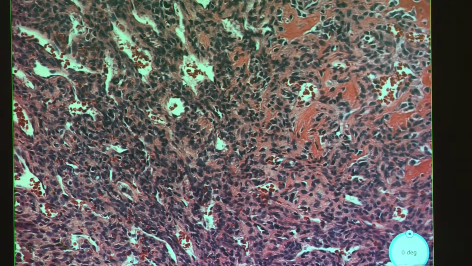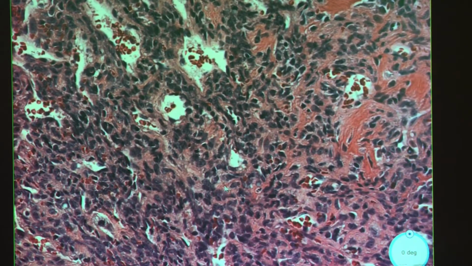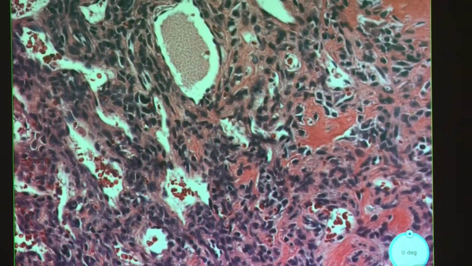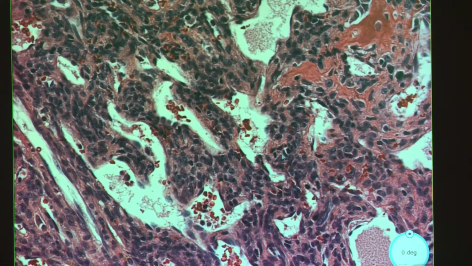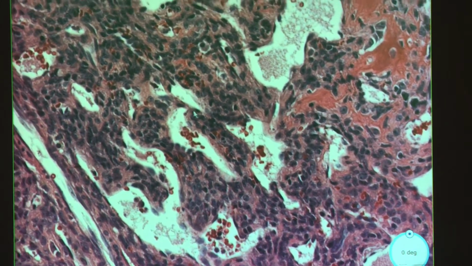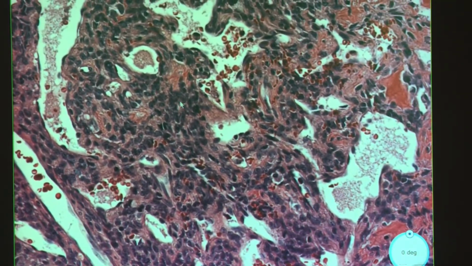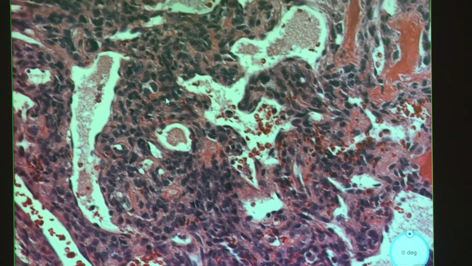Well, we have a lot of vascular spaces, it looks like. The cells themselves look epithelioid, somewhat spindled. Cytoplasm is really eosinophilic.